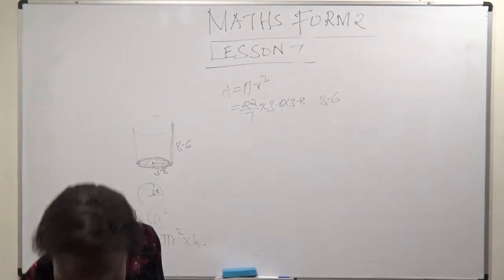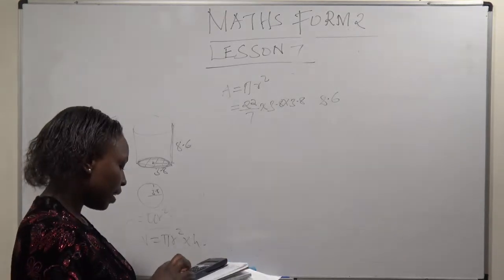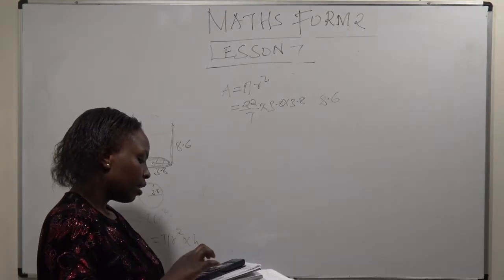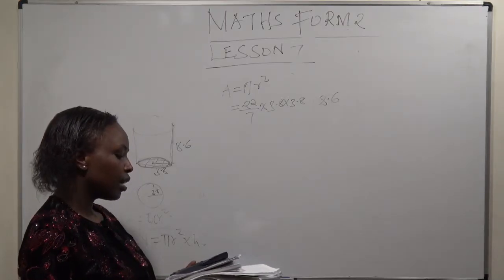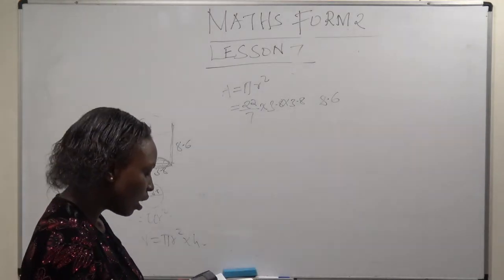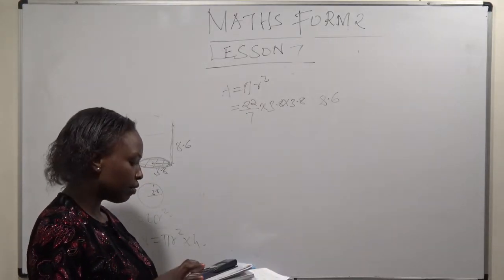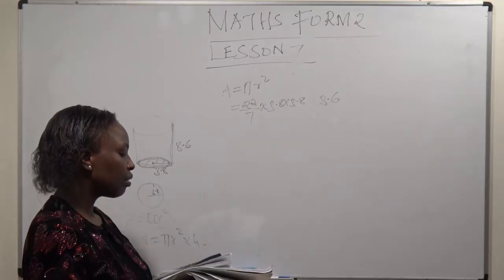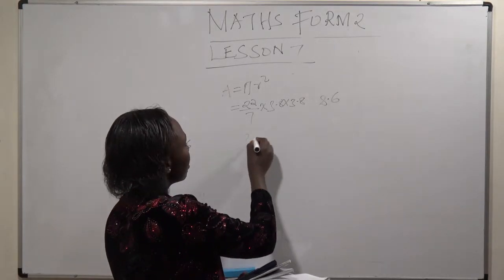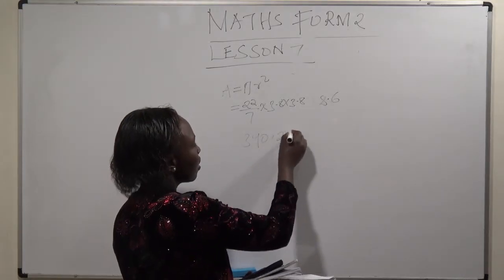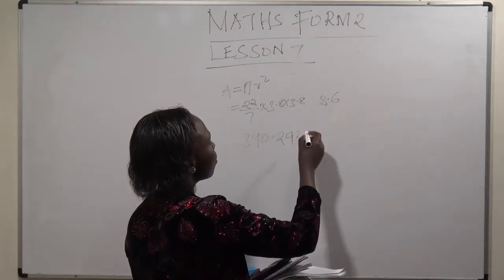If you take 22, multiply by 3.8, then by 3.8, then by 8.6, you get 2732.048. Then you divide that by 7, and you get 390.293.